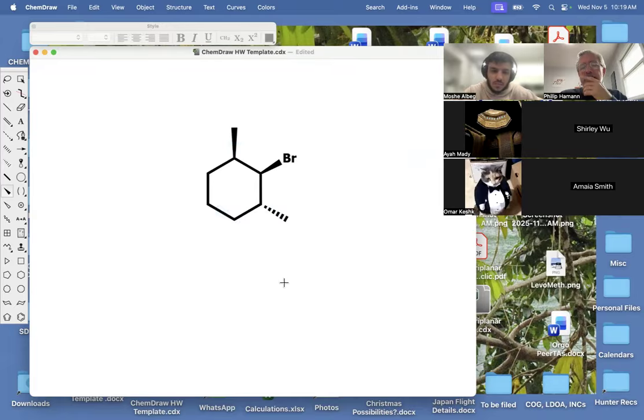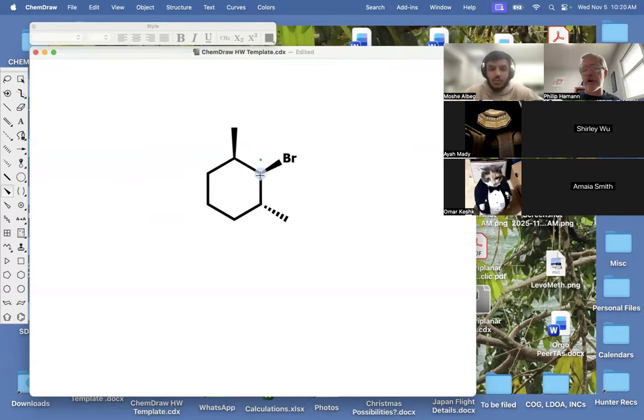It actually is a lot easier because you cannot rotate it to make it eliminate if it's not lined up. Now you have to worry about which chair, but you don't really quite need that in the analysis. So this bromine is towards you. You need a hydrogen going away because they have to be transdiaxial.